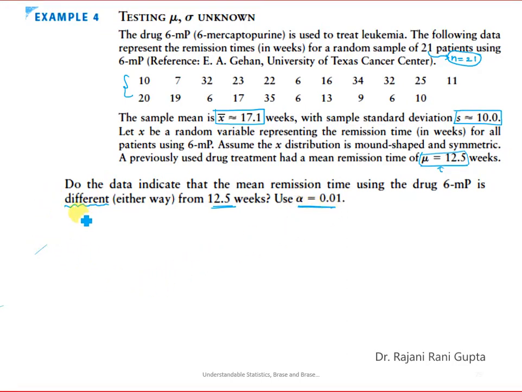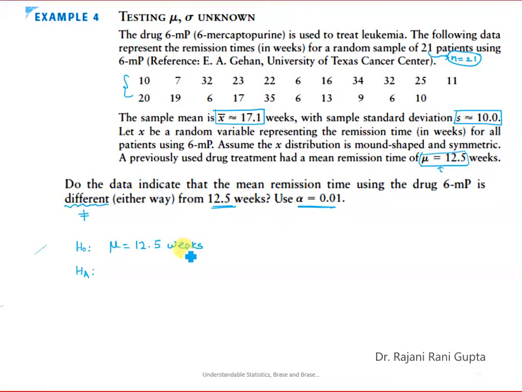Since the question asks whether the mean is different, not equal to 12.5 weeks, the very first thing we have to do is frame the null and alternative hypotheses. For the null hypothesis, we always agree with the previous results. So we say, previously this drug treatment had a mean remission time of this, so let's go ahead with it: mu is 12.5 weeks.